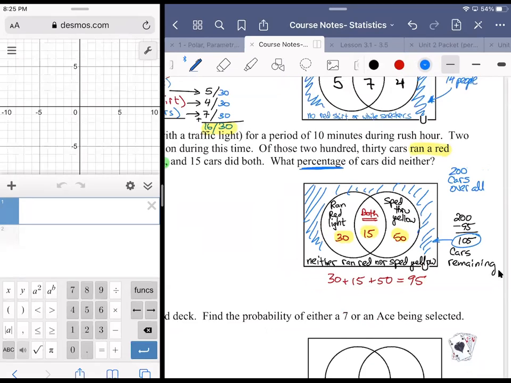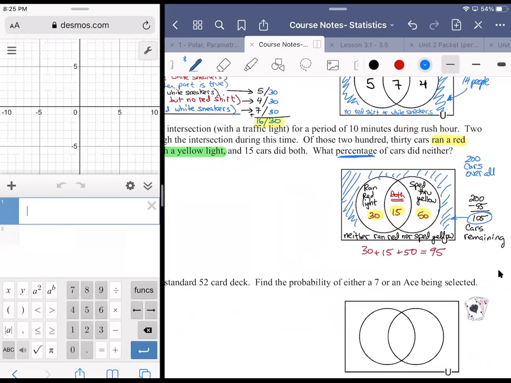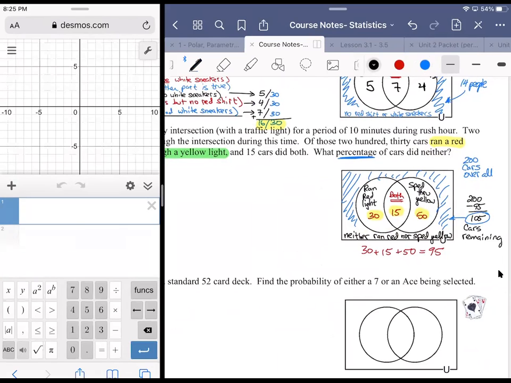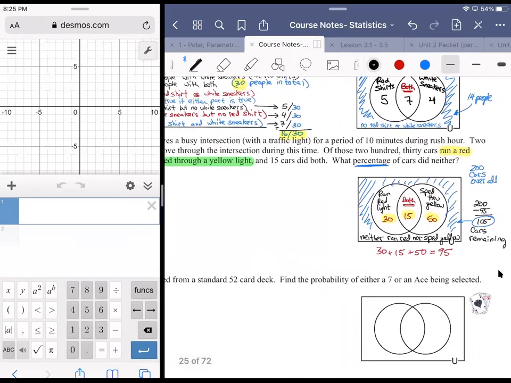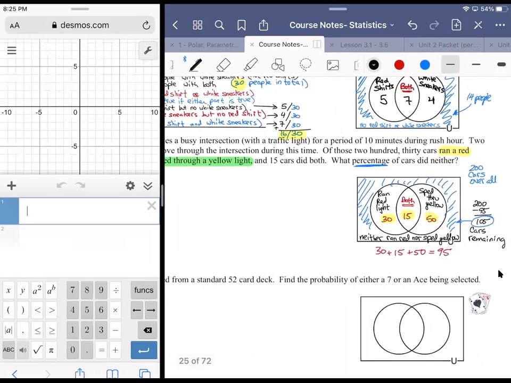So in terms of appropriate probability notation, what I would normally say, if I were looking for the probability that a person ran the red light or sped through the yellow, the notation would look like this: probability ran a red or sped through a yellow.